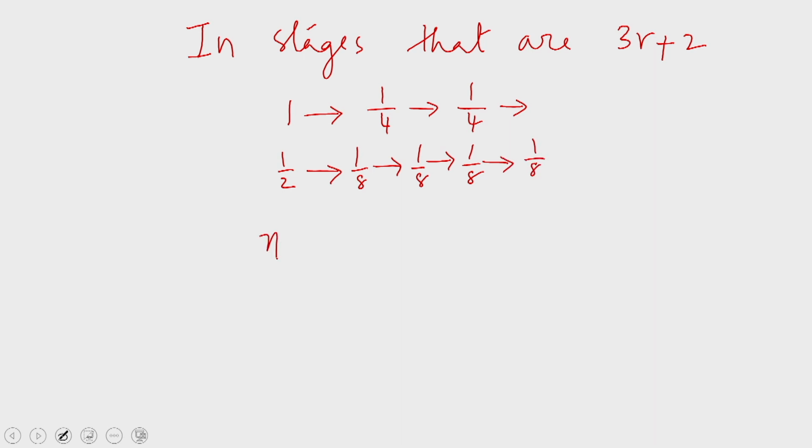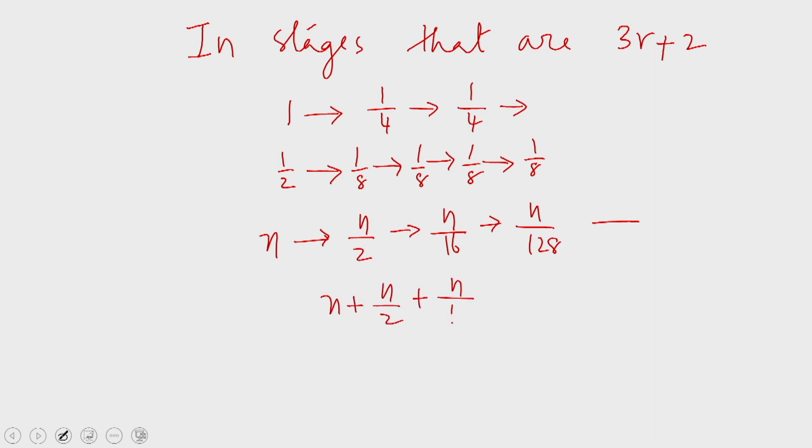Which means at the lowest level we have a total of n cache elements, at the next level we have n by 2, then we have n by 16, then n by 128, etc. So, when you add up all the number of cache elements, you find that the sum is again order of n. This is 11n by 7, which is again order of n. So, what we have established is that the total number of cache elements in all the vertices of the live band would be order of n.